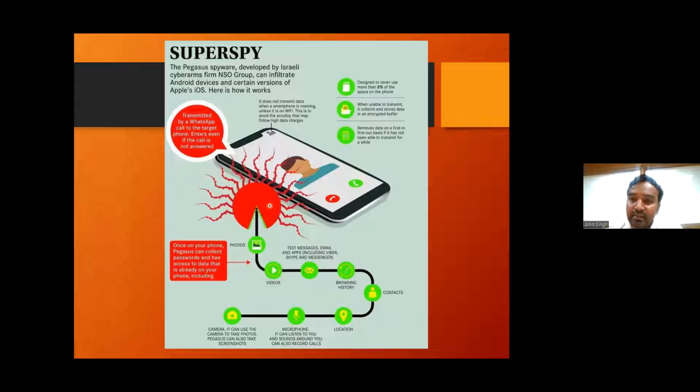So these are some tricks that have been implemented in this, so that the user doesn't even know for months and years that his phone has been affected.